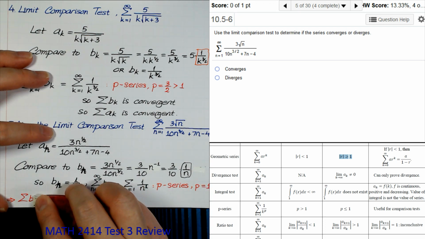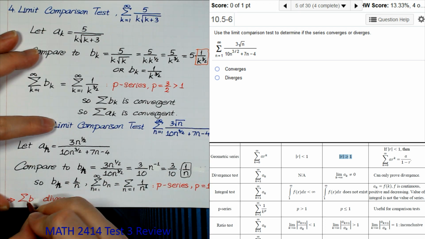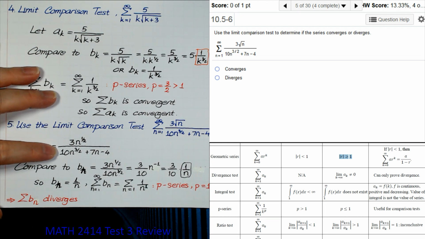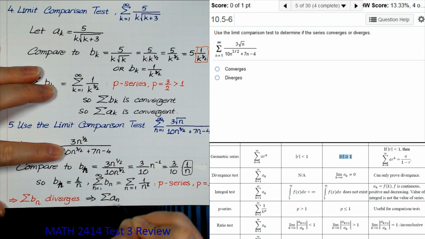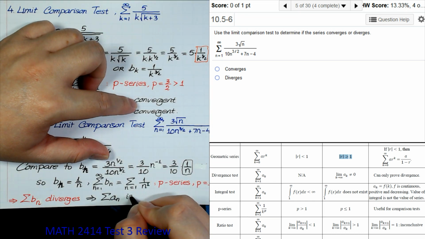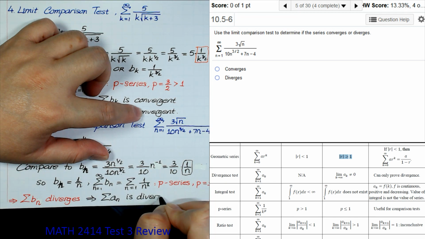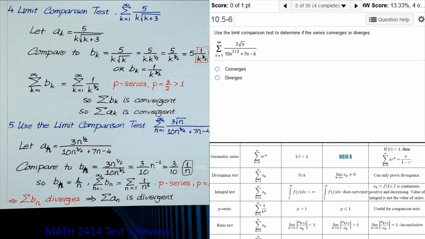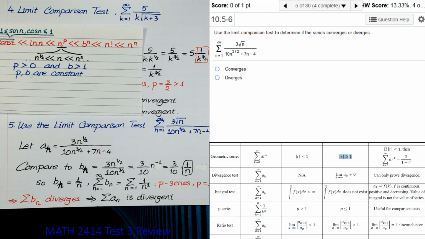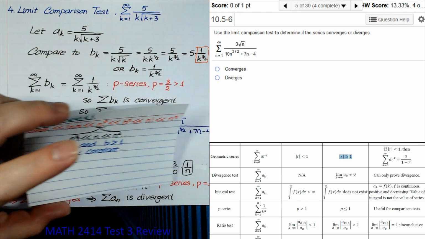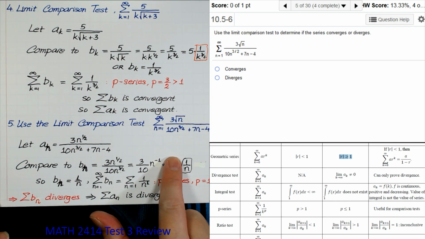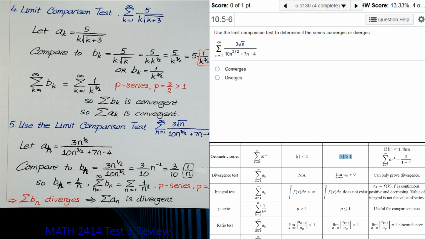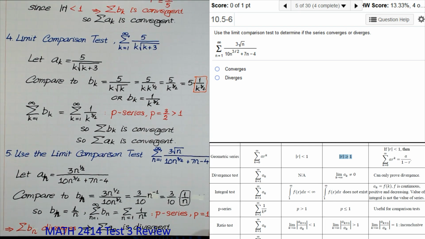Just keep doing that. b of n is divergent, and we compare the two, so a of n is divergent too. So take the highest ranking on the top and the highest ranking at the bottom, and then when we divide and simplify, if there's a constant, we don't really need those constant multipliers. And then at the end, whatever b of n is, if it is convergent, the whole thing is convergent.